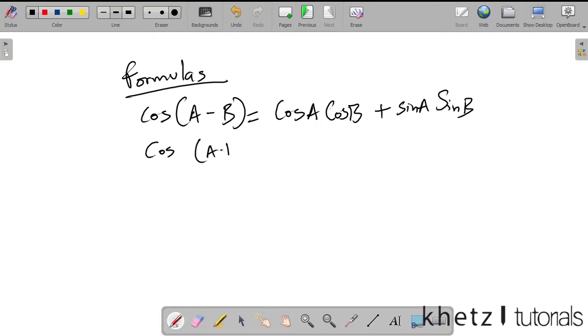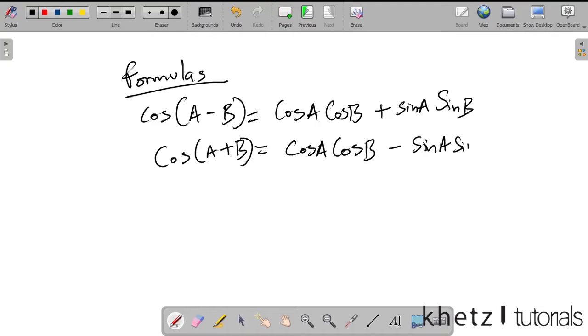The next formula: cosine of A plus B, which is one thing and not two separate things, will be equal to cosine of A cosine of B subtract sine A sine B. You'll notice that you have a sign change.